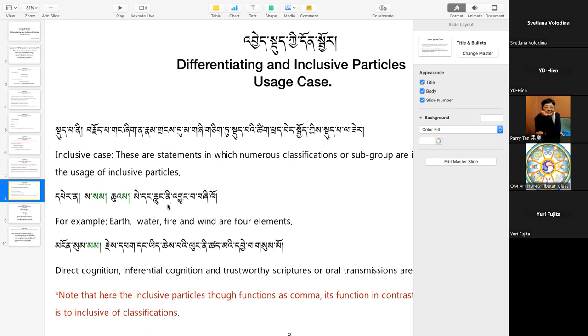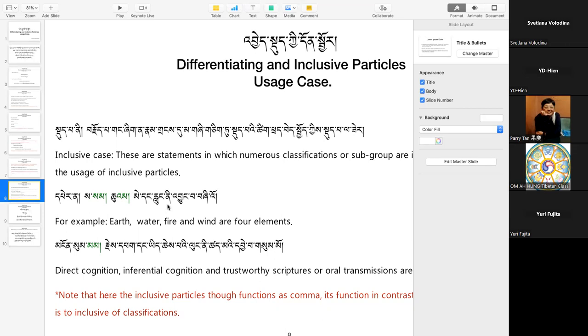It may not seem like a very drastic or significant change, but because these positions are changed, now instead of differentiating a collective into different separate groups, we are stating the different groups and finally collecting them into one collective, including them into one collective. So this is how the nature changes.